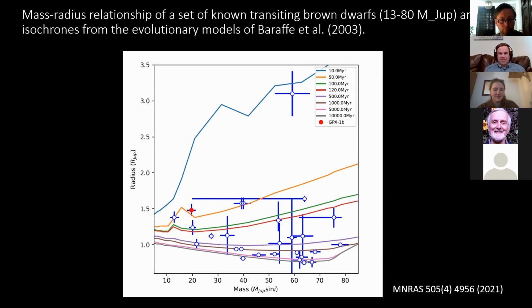And the orange line is like 50 million years. So there's an uncertainty range of how old the system really is, but this is another piece of evidence that suggests that GPX-1b is a young exoplanet, brown dwarf.